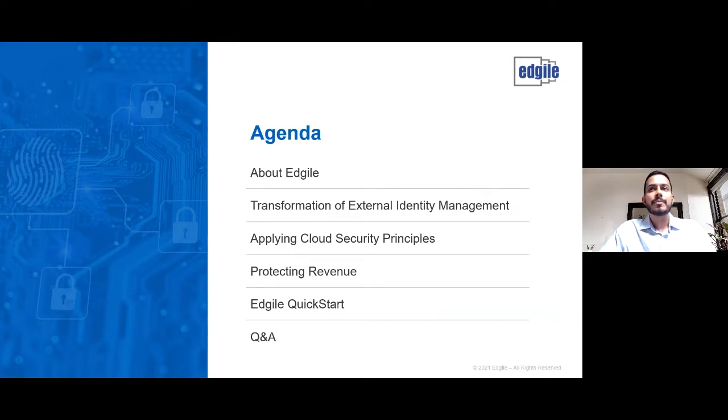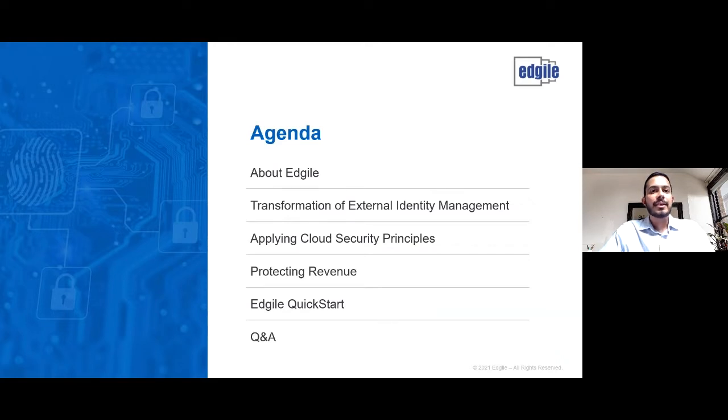And then we'll focus more on the modern approach and how the cloud security principles apply to a modern architecture. The next section on protecting revenue will be focused on Microsoft's Dynamics 365 Fraud Protection capabilities, and we'll go into more details specifically around account protection function offered by DFP and how it can help save millions of dollars in fraudulent transactions.